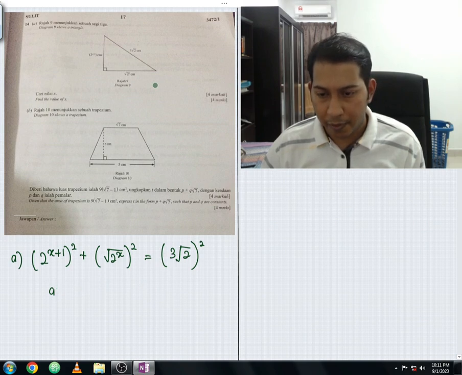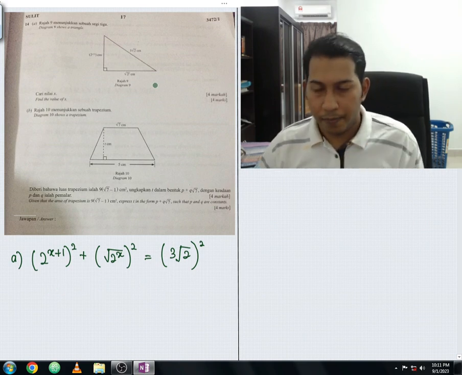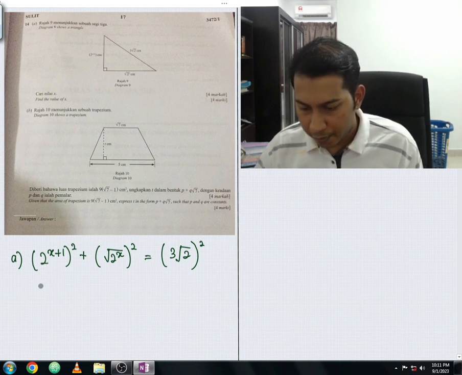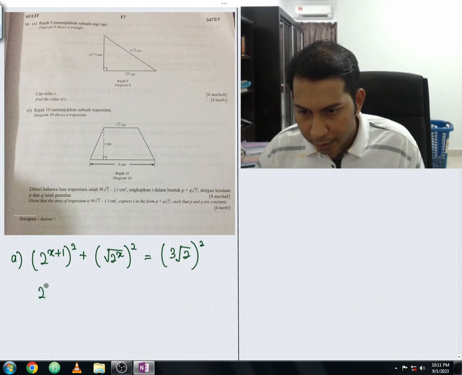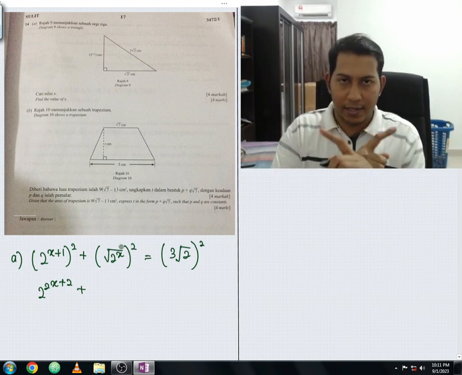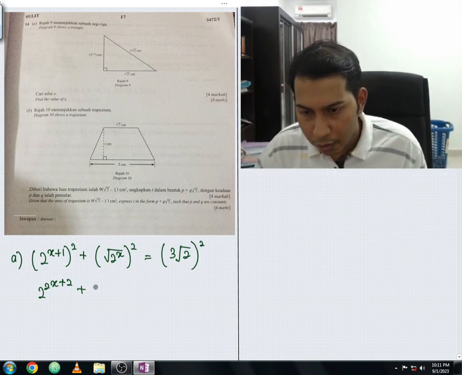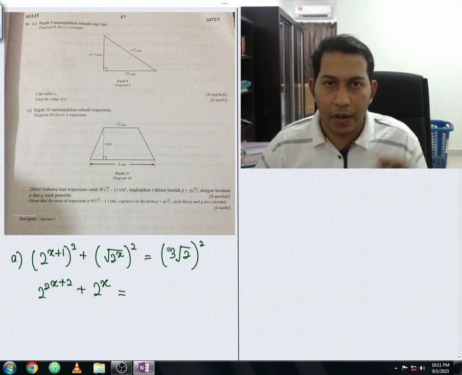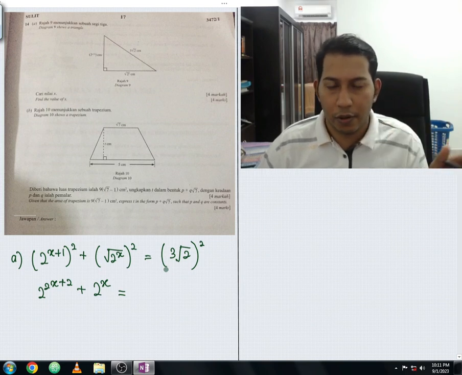So back to our working here. From here the square you times in, so you get 2 to the power of 2x plus 2, and then plus the square root and the square will get cancelled off, so you're left with 2 to the power of x, and then equals to, the square you times in, or you can expand this as 3 square root 2 times 3 square root 2.